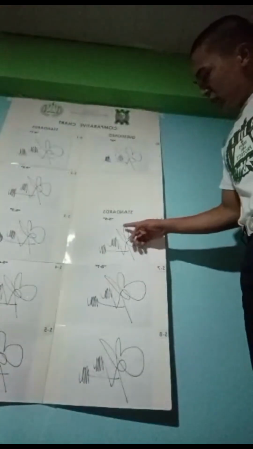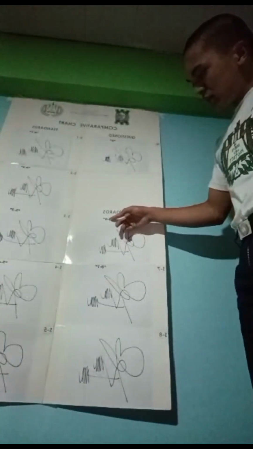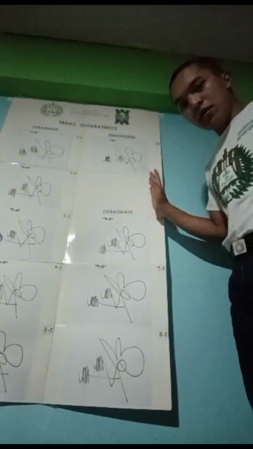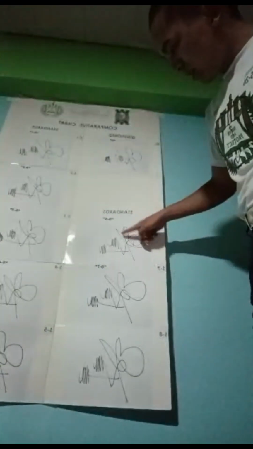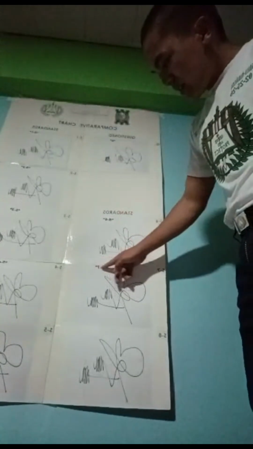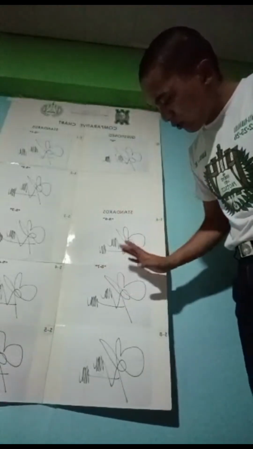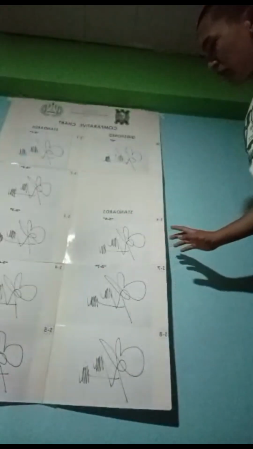And for the slant, the signature 6, which is the standard 6, is leaning to the right. As you can see in this, it is leaning to the right. It is the same in standard 7, leaning to the right. And in the alignment, the signature appears to be convex.